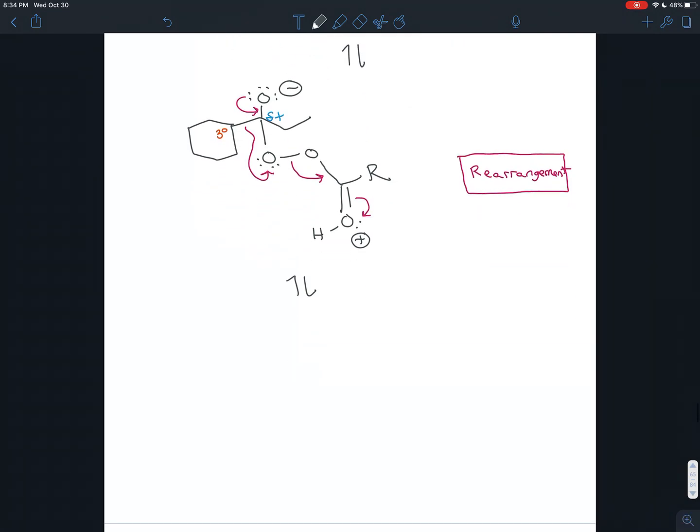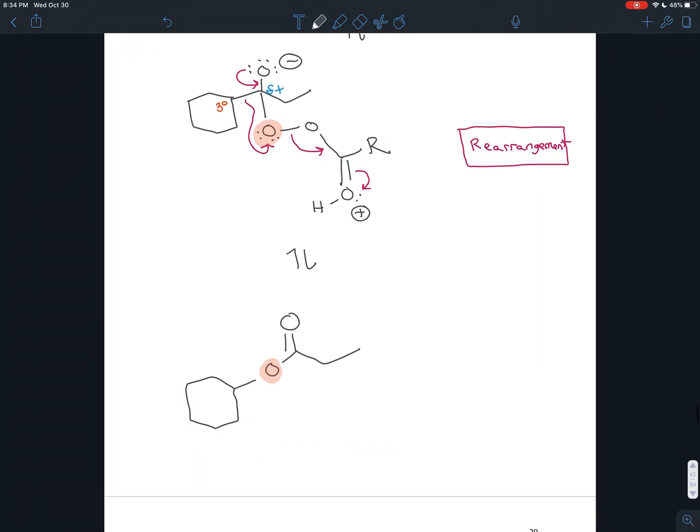Okay, so when the dust settles there, you end up with a double bond to this oxygen, so that's this bond there. The carbon on the right has not moved. Now, you still have that oxygen, but it has your carbon branch bonded to the other side of it.